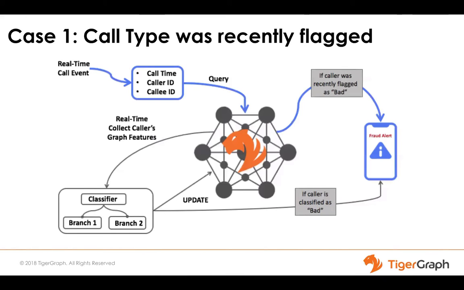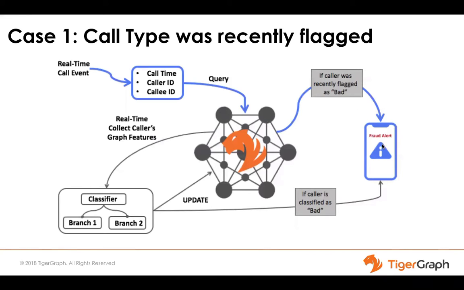When the call event comes, we extract the caller IDs. The first scenario is that we have given this phone a fraud type recently, so it's not expired yet. In our query, we can reuse its attributes, the fraud flag, and return the fraud type immediately.